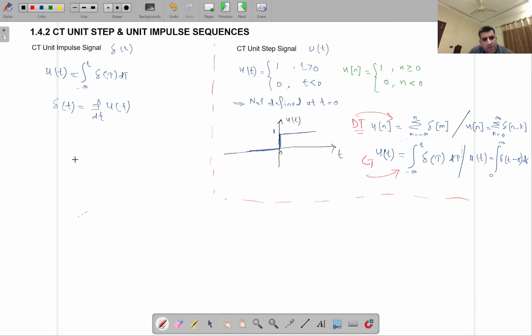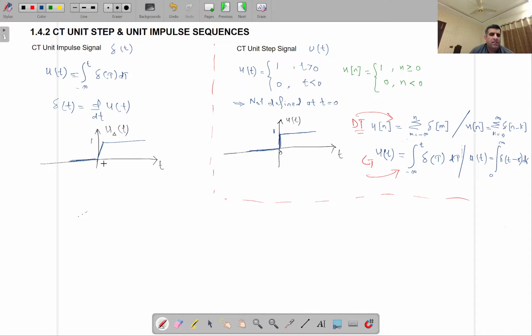The signal I'm going to take right now, let's draw that. I'm going to call it u delta t. This signal is not going to be discontinuous.